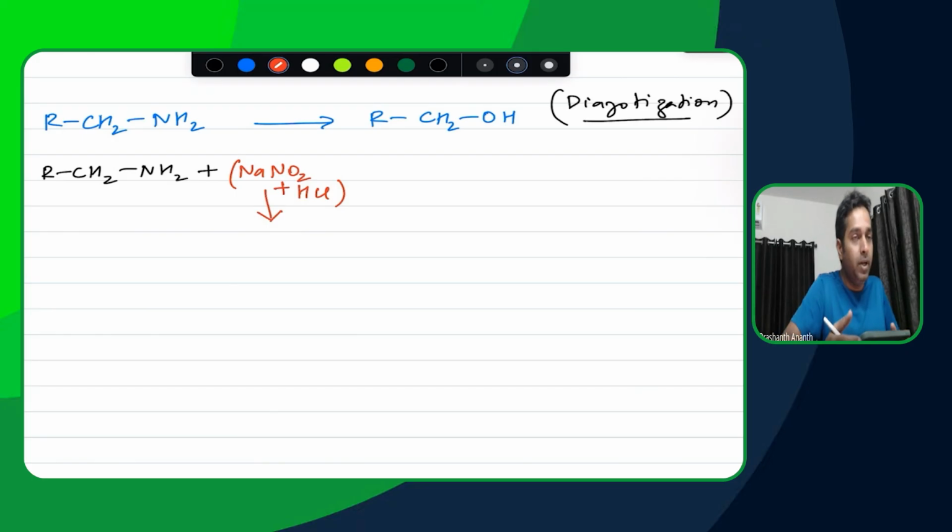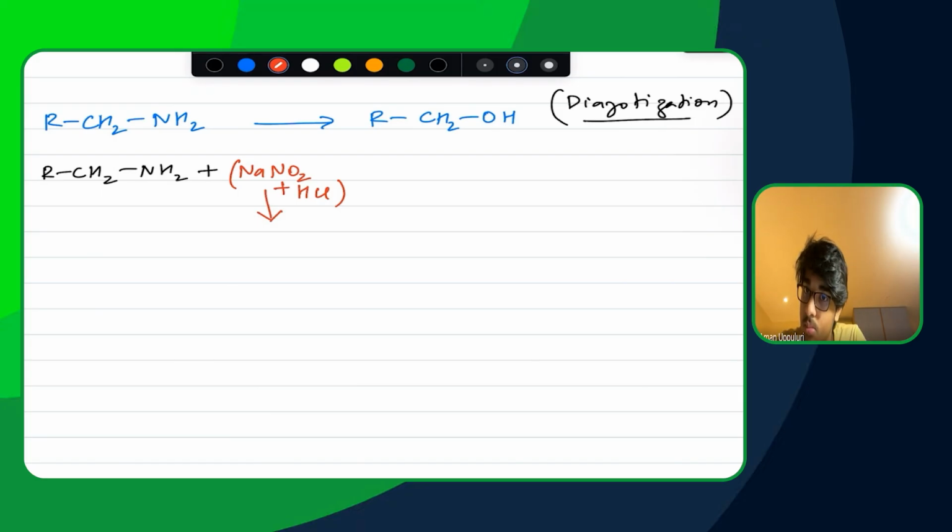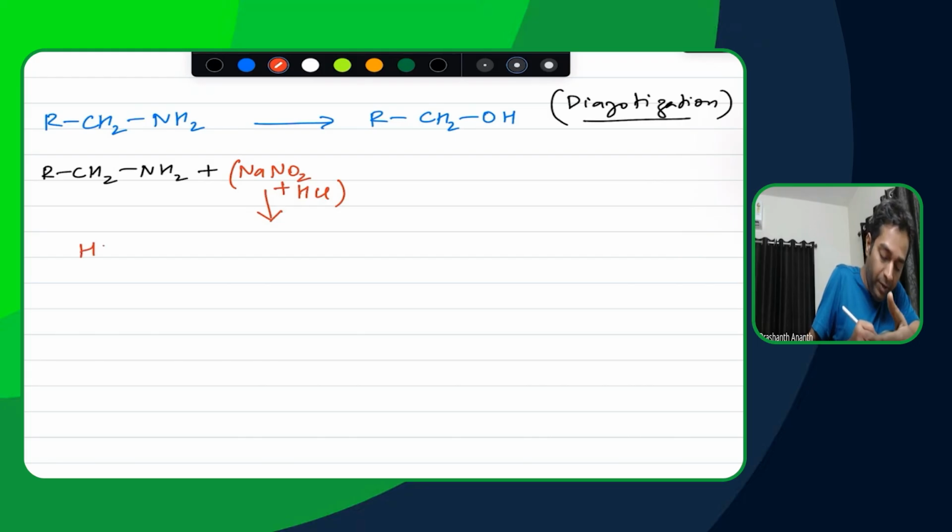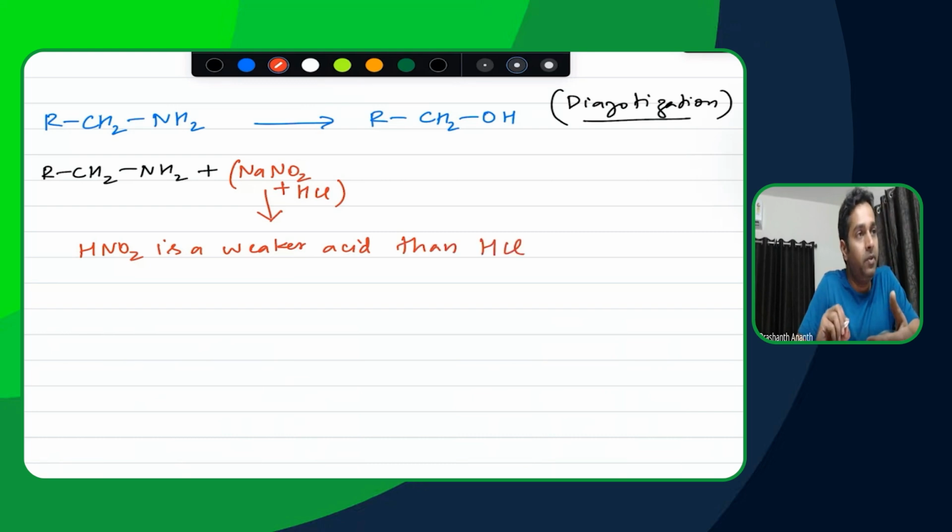The HNO2 here is a much weaker acid compared to HCl. So if it is a weaker acid than HCl, what will be happening is a regular displacement reaction.